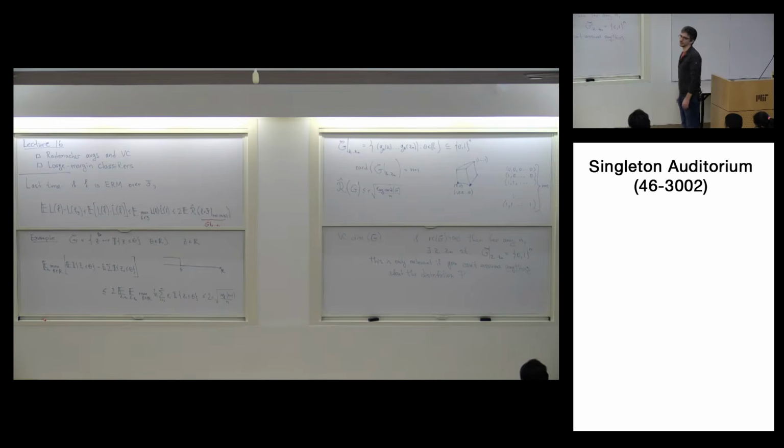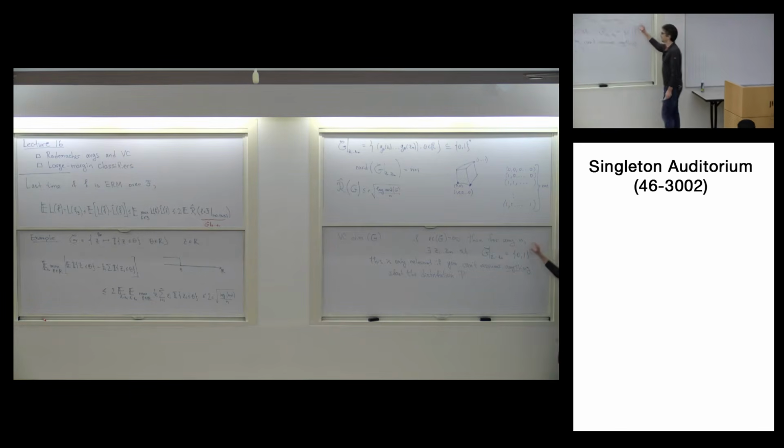I was planning not to define it and just let you look at it. In fact, I already defined it here, kind of. Is this a definition or just one-sided? Yeah, it's a definition actually.